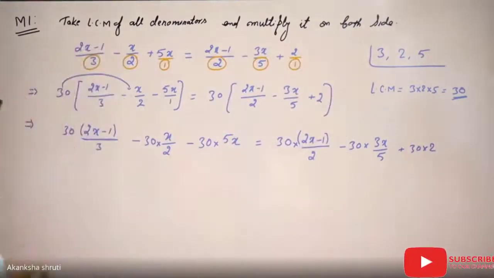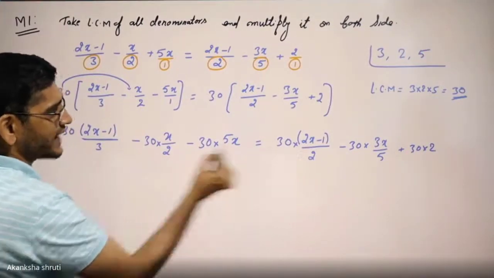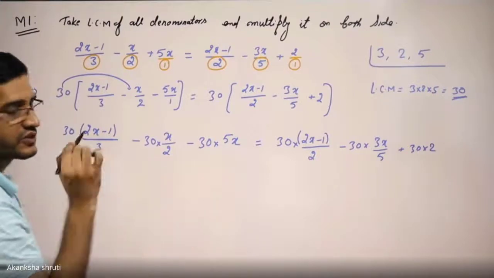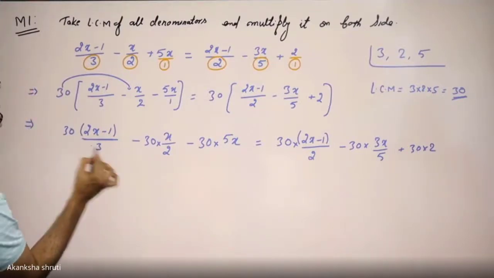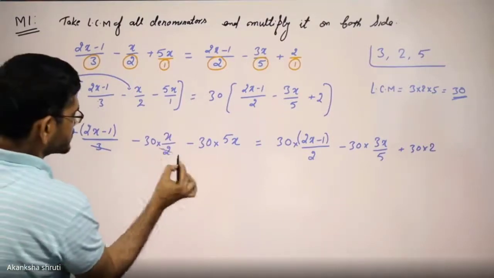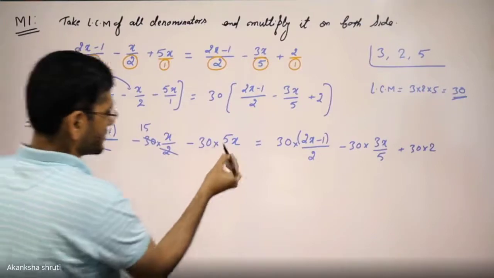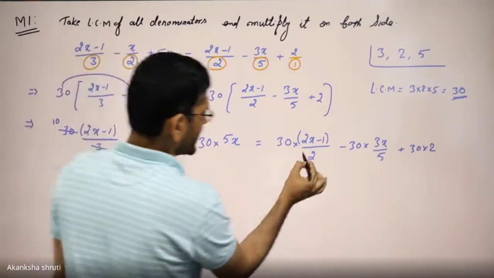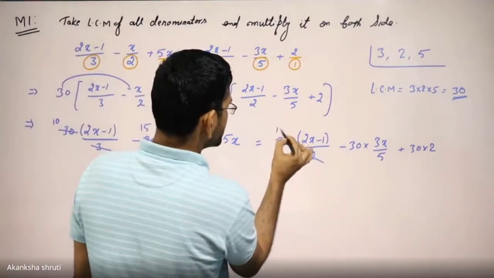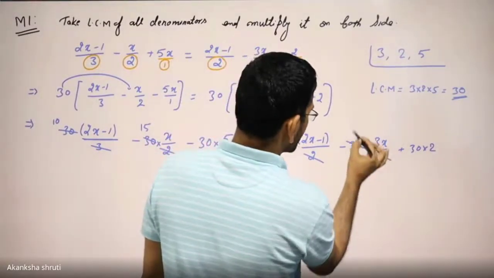Now from here we can observe that all of these denominators will get cancelled and it will be totally converted into numerator terms. See how? 3 tens are 30, then 2 15s are 30, then 1, nothing to do, again 2 15s are 30, then 5 6s are 30.